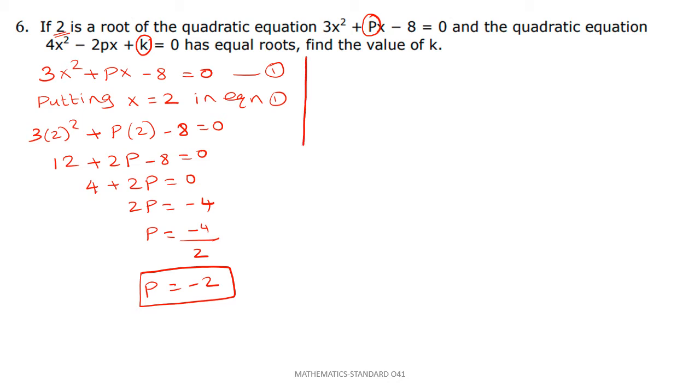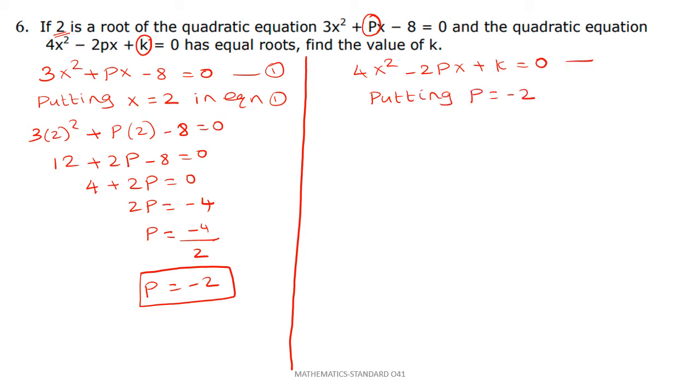So what is the next step? Any guess? Yes, children. Now take the next equation, 4x squared minus 2px plus k equal to 0. In this, let's substitute p as minus 2. Let me name this equation so that you will know where I have substituted it.